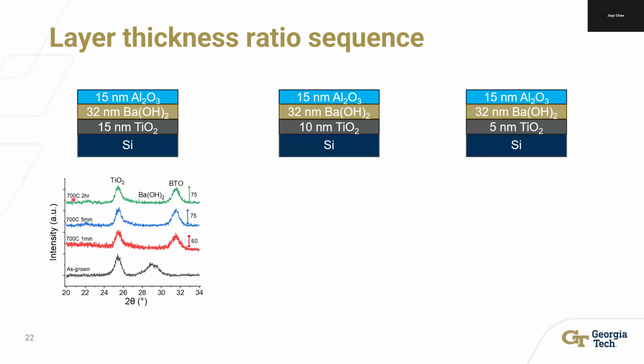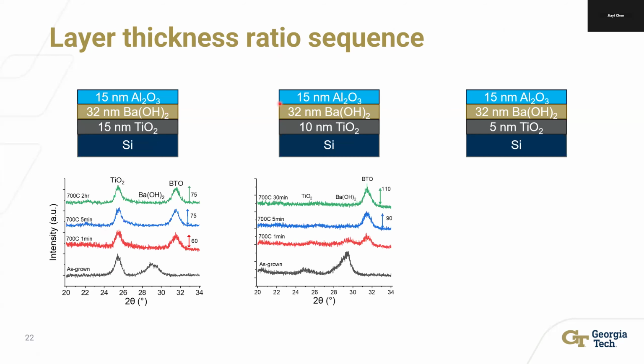In this 15 nanometer TiO2 sample, we already see that there is still a lot of TiO2 remaining after annealing. And in this 10 nanometer TiO2 sample, the TiO2 doesn't show up after annealing.